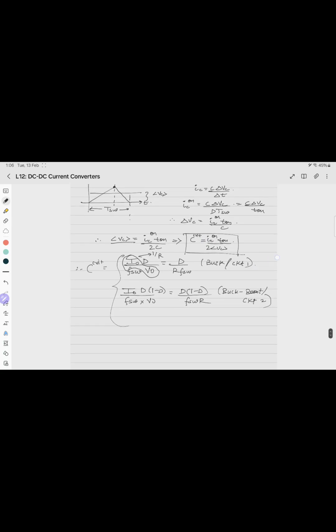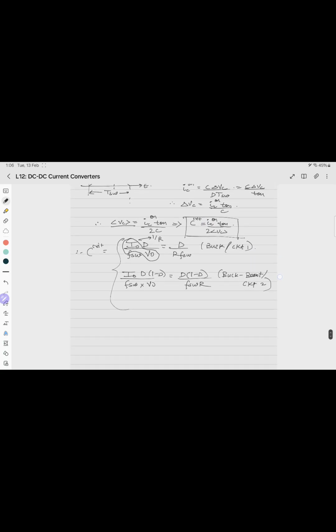I forgot the 2, and the 2 should be here, not here. So here it should be 2.